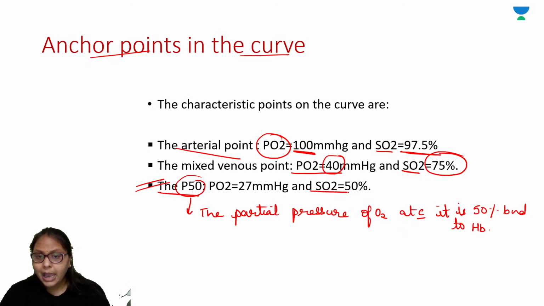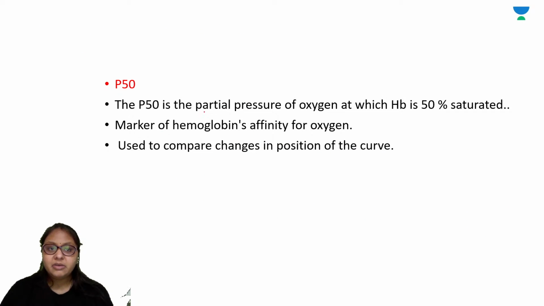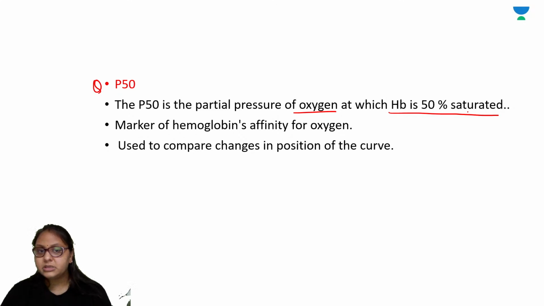So at SO2 of 50%, the PO2 normally is 27 millimeters of mercury, and that is P50. So what is P50? It is the partial pressure of oxygen at which hemoglobin is 50% saturated, and it is a marker of hemoglobin affinity for oxygen, and it is used to compare the position of the curve.